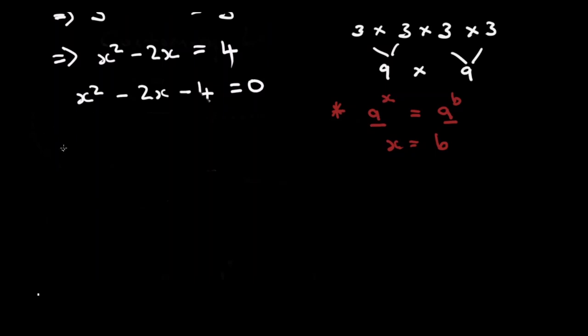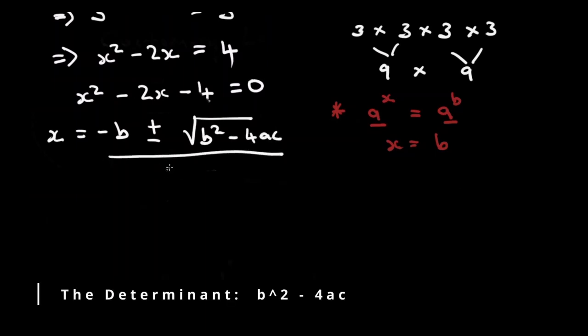The quadratic formula states that x is equal to minus b plus or minus the square root of the determinant, which is b squared minus 4ac, over 2a.